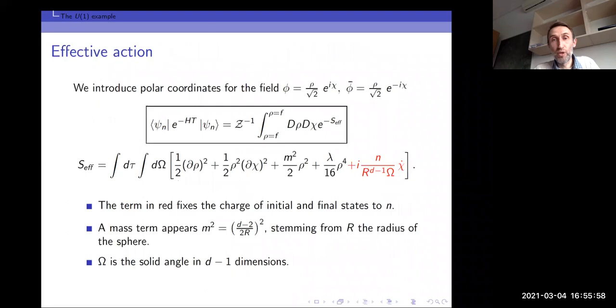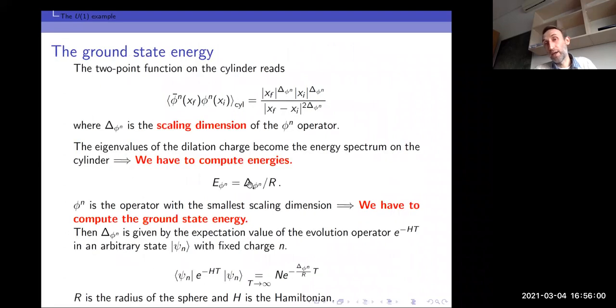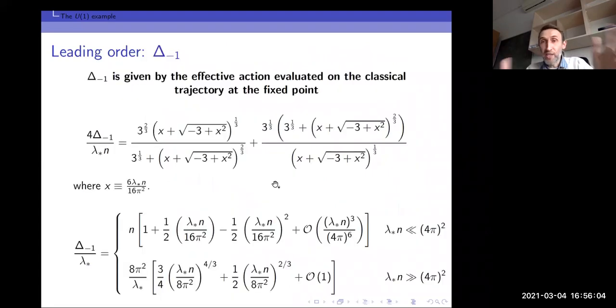As I already mentioned, through this equation, energy is equal to delta over r. So after all the smoke clears, you'll find the leading correction to the ground state energy, or leading correction to the dimension of the phi n operator, this delta minus 1, and it is given by this function here.